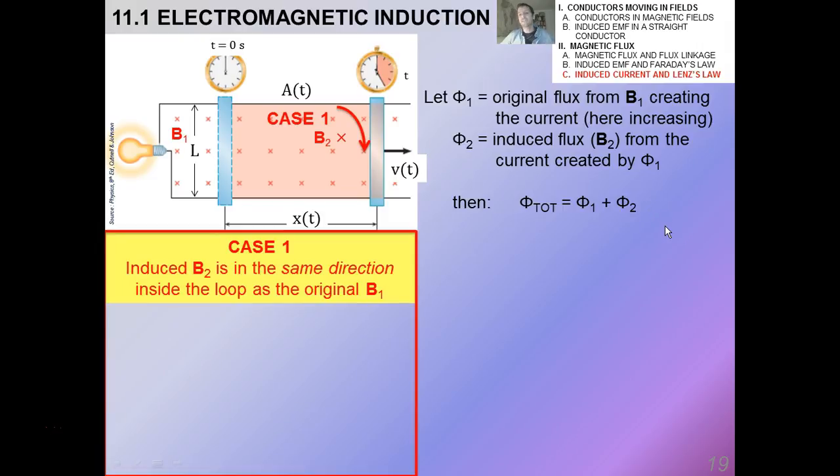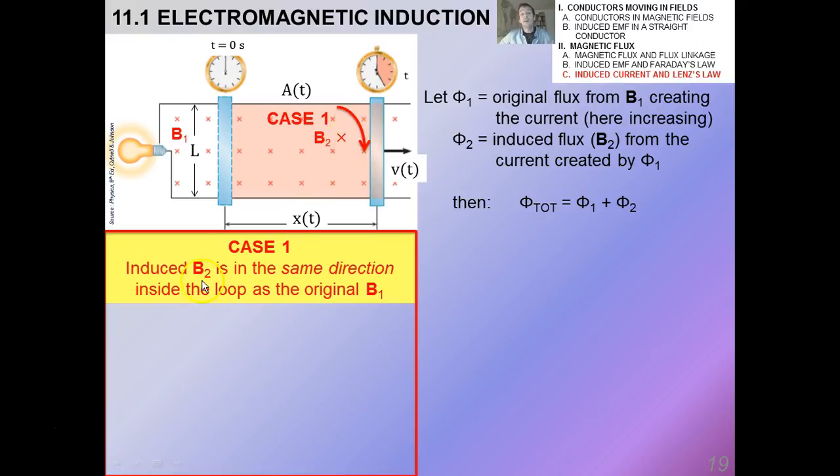Case 1, let's consider that the induced B field is in the same direction as the original. If my current is down in that area, that means the induced B field would be into the board like this. You want to test that.